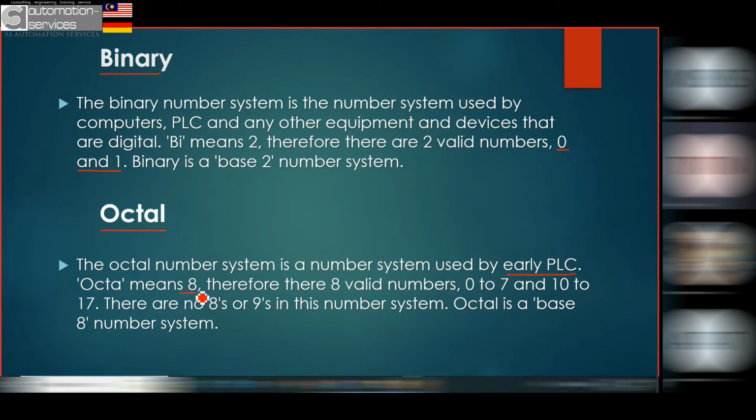Octal is 8 digits, 0 to 7, then continues with 10 to 17. Octal is a bit important for Siemens. Why it is important, you can see later.